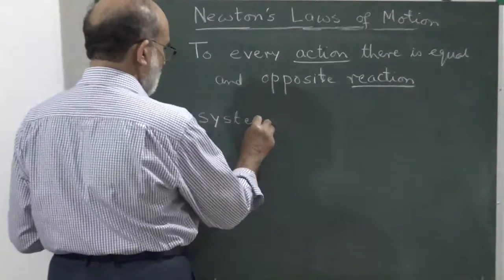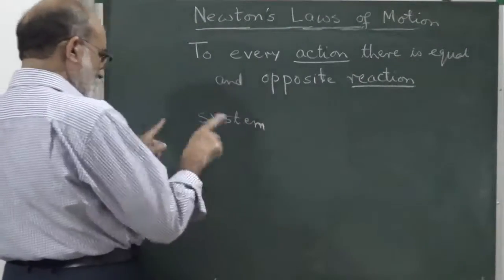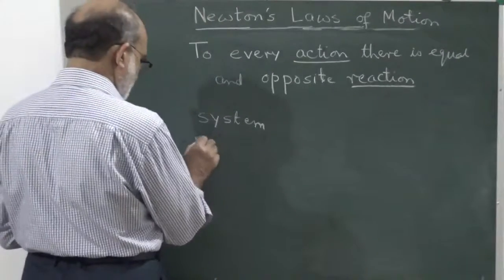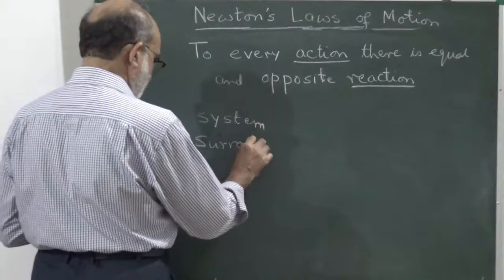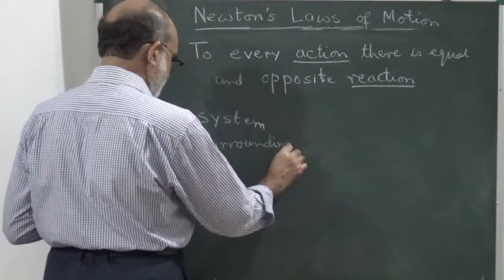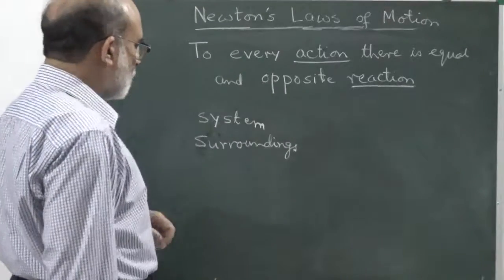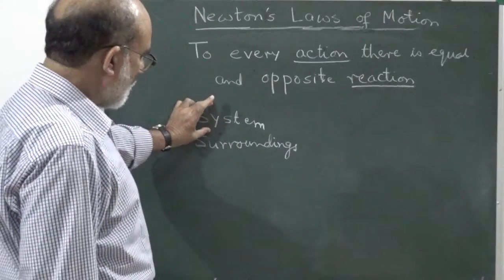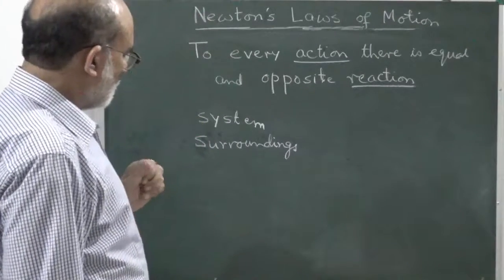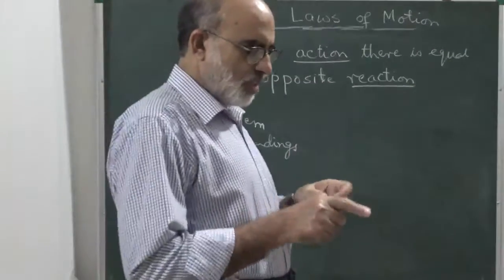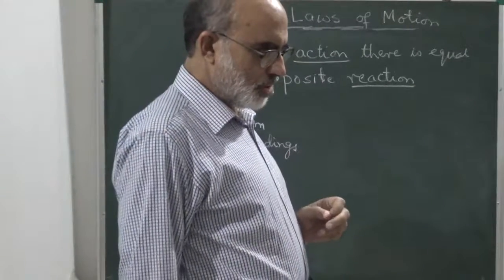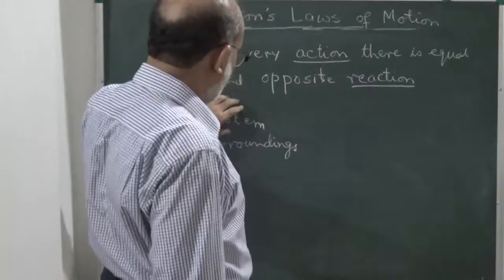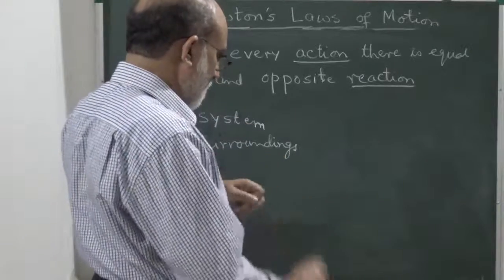And all other bodies around the system will be called surroundings. So we have two sets of things: one is the system and another is the surroundings. The system is that physical body whose motion we want to study, and all others are surroundings.